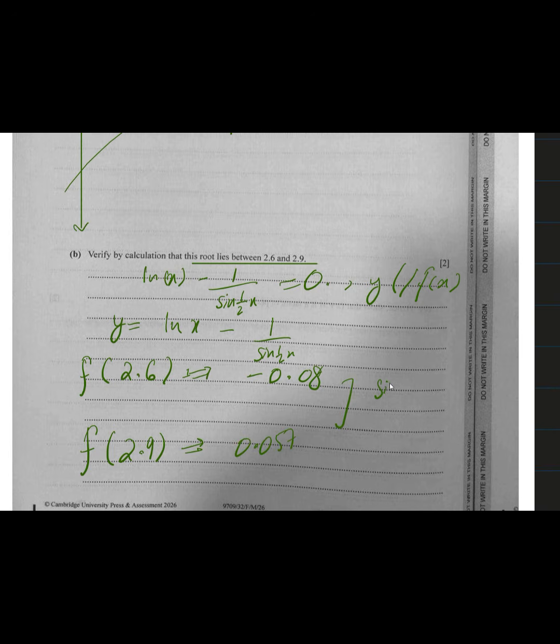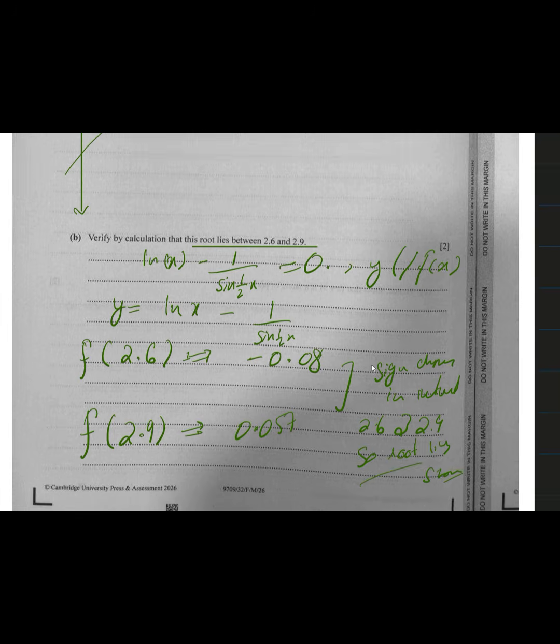So there is a sign change in the interval of 2.6 and 2.9. So the root lies here, as shown. Moving on to part 3, which is using the formula.